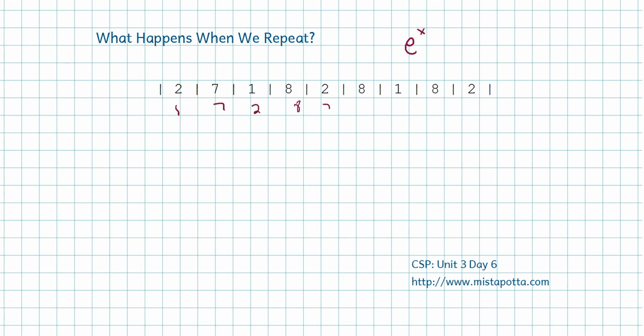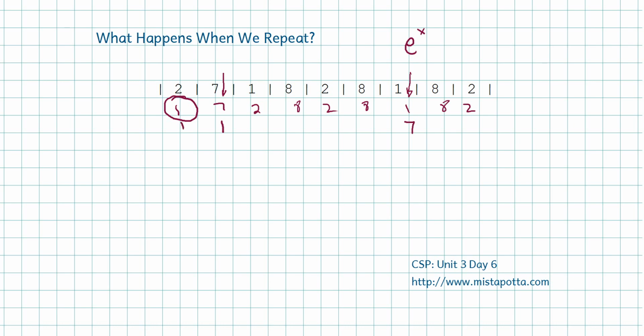Everything else drops down. Then I look, I know this is in the right spot, so now starting here, this is my spot, and I'm looking for a new target. So 2 works. That 2 isn't smaller than this 2, but this 1 is. This is now my target, and I'm going to swap. 1 and 7 swap.